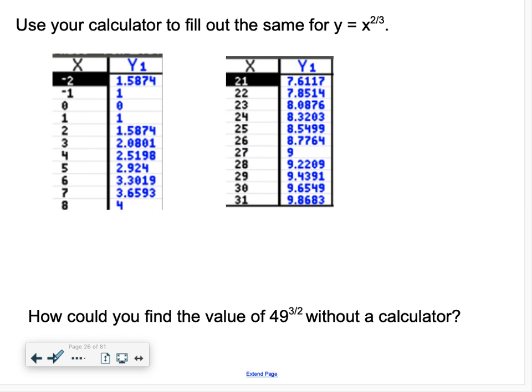Now if we go on to what about x to the 2/3? Okay, and I just took a snapshot again of my table of values, okay? If you pick out the nice integers again, this one worked out nicely. Both of these did, as did this one. This one.